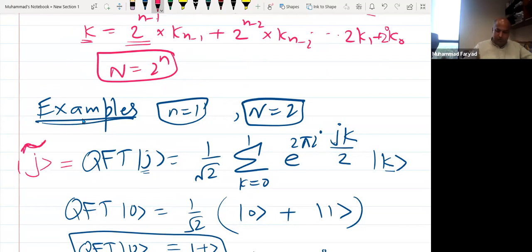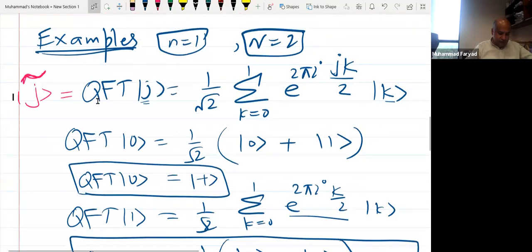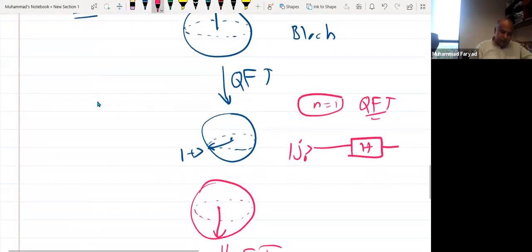Which means that j naught goes to j naught tilde, which is the QFT of j naught using a Hadamard transform. So a single Hadamard is actually a Fourier transform operator, a single qubit Fourier transform operator, which transforms straight from the computational basis to this Fourier basis of plus minus.